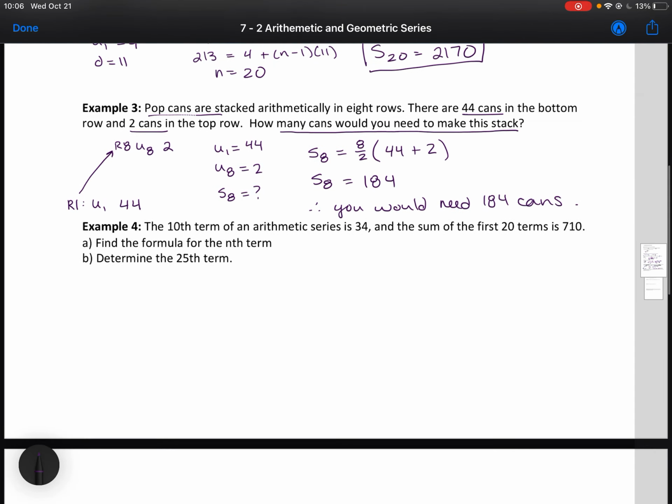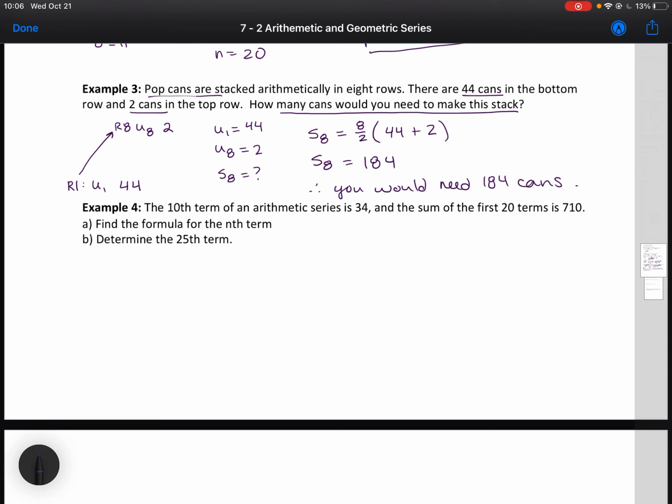Okay, one more example for an arithmetic series. Again, I'm just giving you information in different forms. Your job is to figure out the missing pieces and put it together. So here I know that my 10th term is 34. I know that the sum of my first 20 terms is 710. The first thing that I'm asked to do is to find a formula for the nth term.